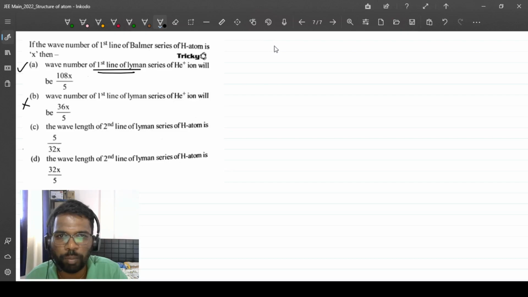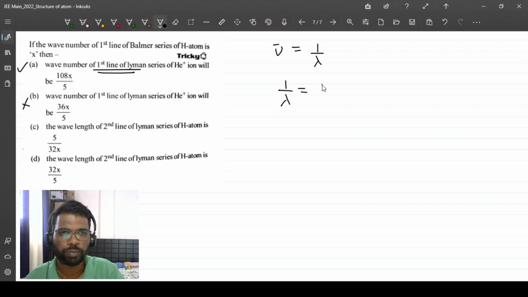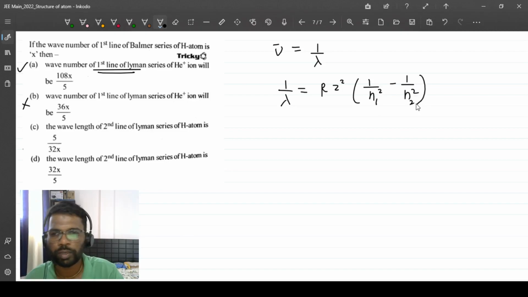Now, what is the wave number? This is the relationship between the wave number and the wavelength. So I will write 1 by wavelength is equal to R Z square times 1 upon n1 square minus 1 upon n2 square.